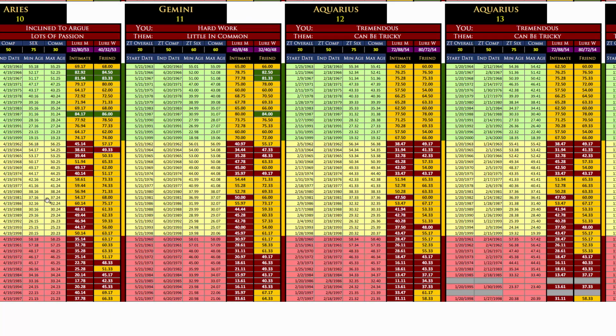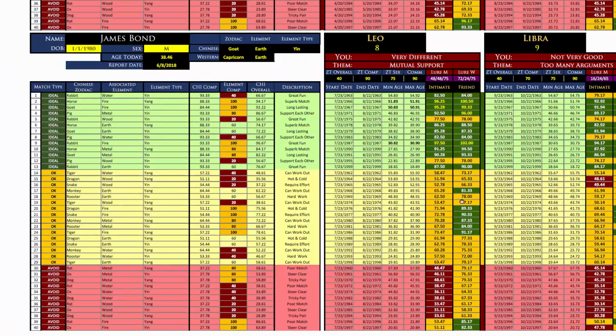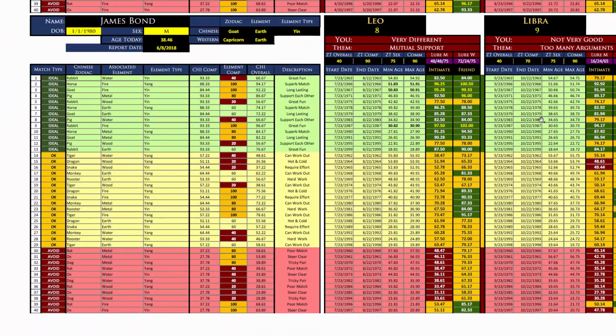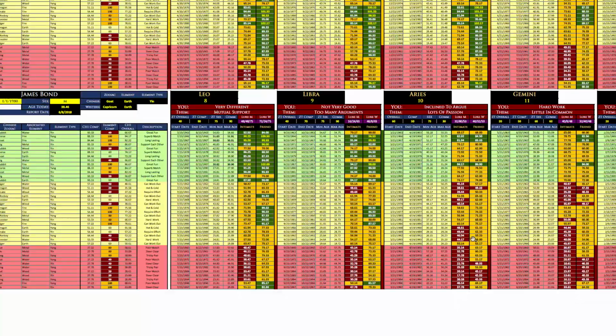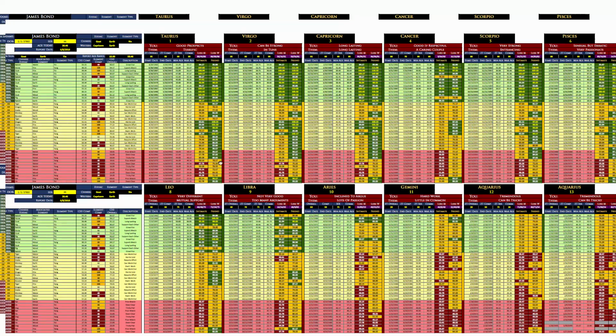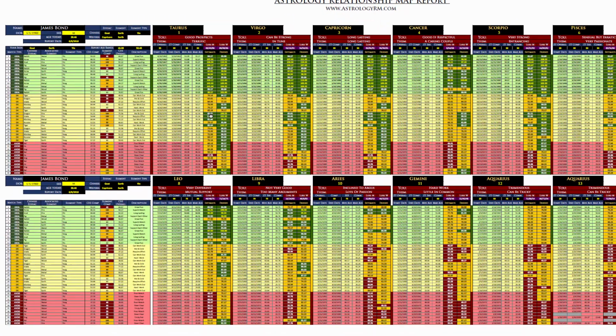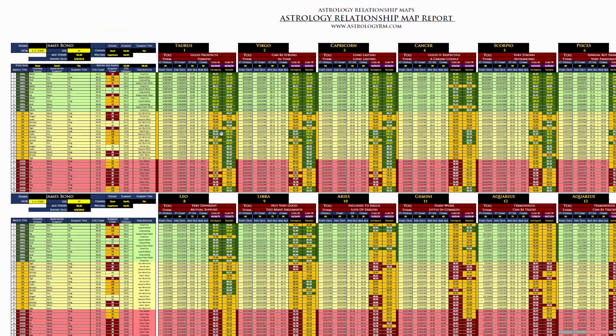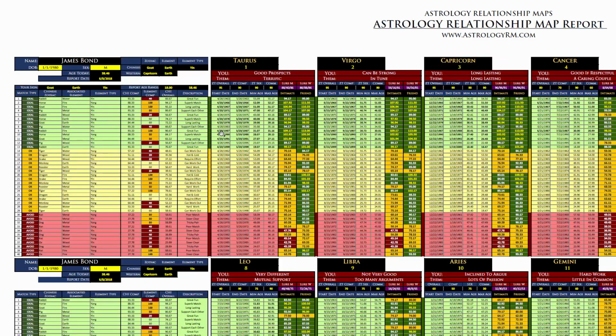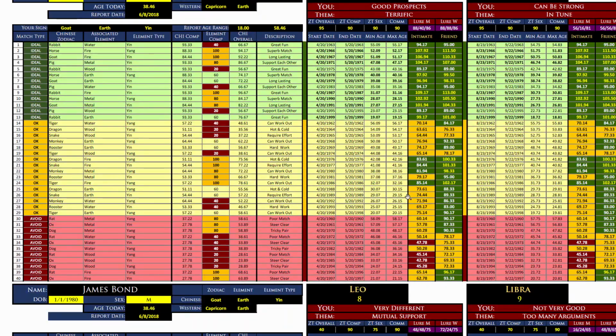Now, this report doesn't necessarily just apply to meeting people or dating. You could definitely take this report and compare it to just about anyone in your life. If you have an awesome relationship with your father, your mother, your brothers or sisters, or your friends, you could try to identify the date of birth of those people and plug them in to locate them on this report.